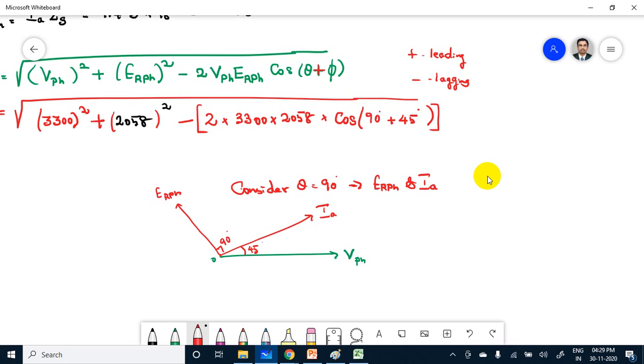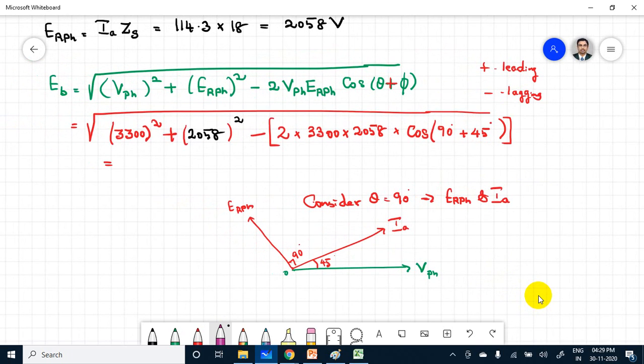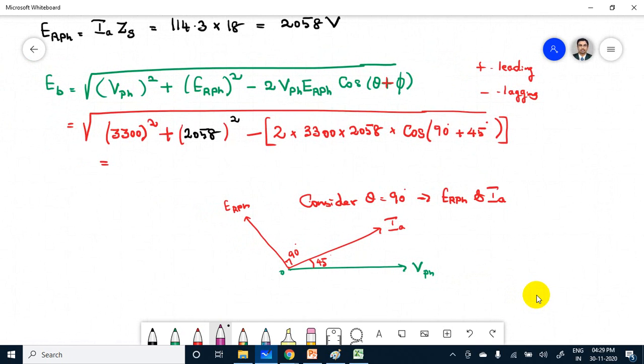Now find the answer. The final answer, can anyone tell me? It comes to around 4973 volts. This is EP. Now I have to join this line.